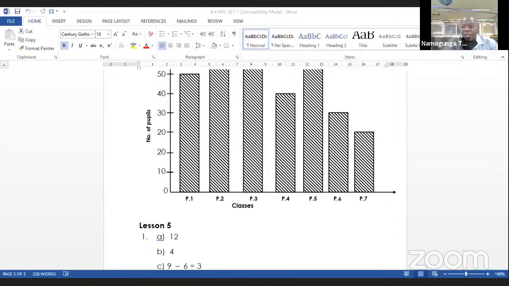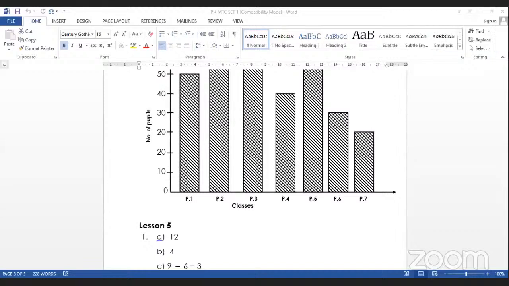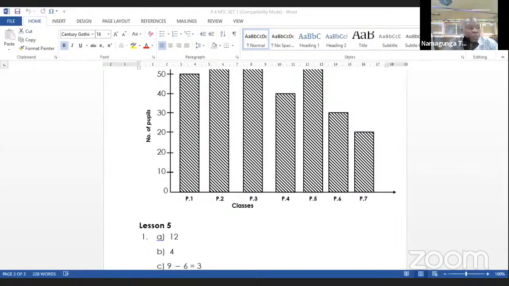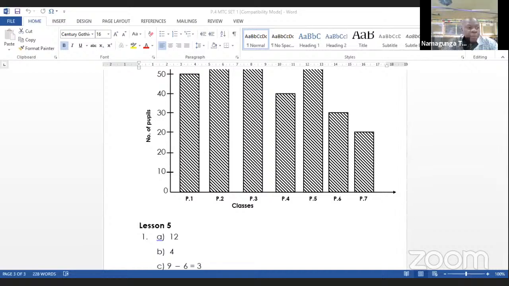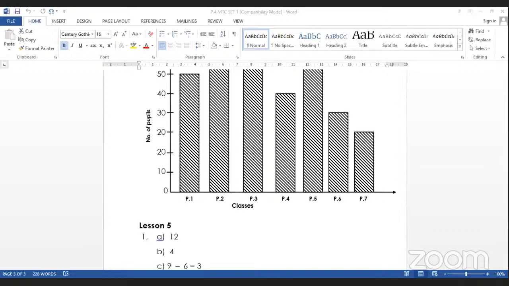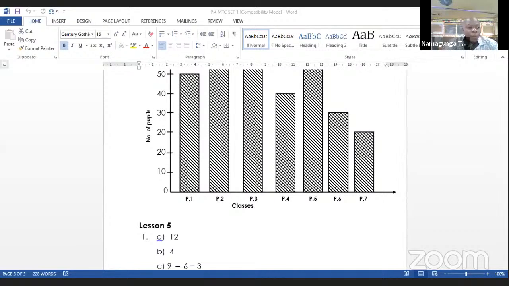No answer? Ongom Masi? No response? Yes, teacher. Yes. What is the total number of animals on the farm? 34. Yes, thanks very much. There we have to add 9 plus 6 plus 12 plus 4 plus 3, and we end up getting 34.